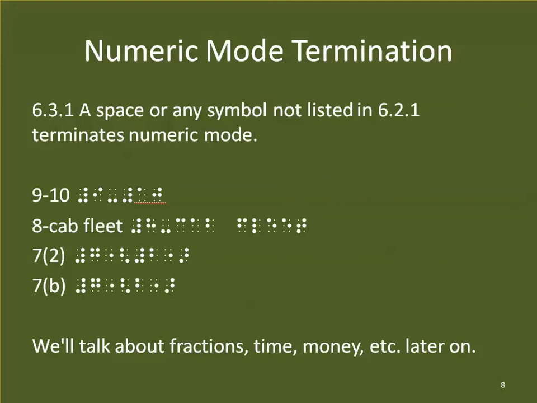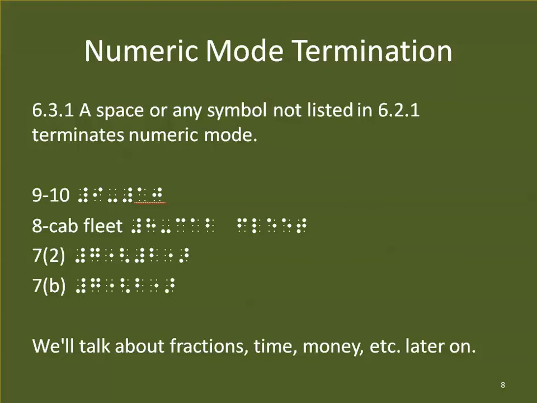So as I said, a space or any other symbol not listed in that list that we just talked about in 6.2.1 terminates numeric mode, which means it has to start up again with that numeric mode indicator. That means that some things work just the opposite as they did in EBAE. For instance, 9 to 10 in the old code, that hyphen didn't stop the dots from being read as numbers.